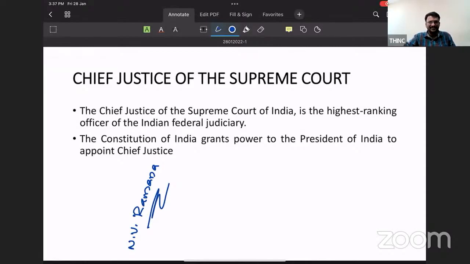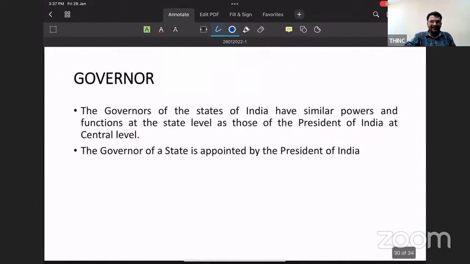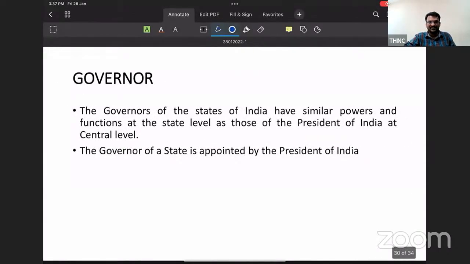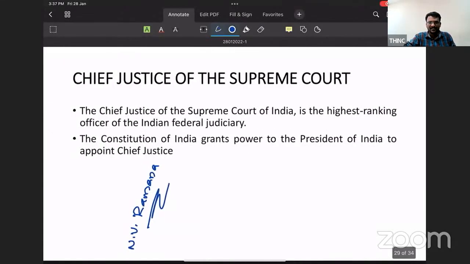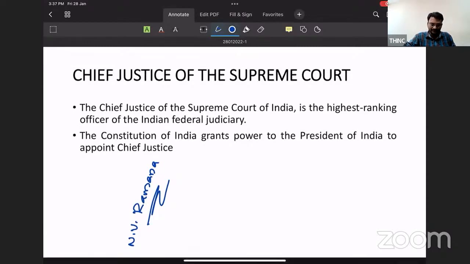Anytime anything can happen. Okay, and the next one is Governor. So like the Supreme Court Chief Justice, the High Court also has a Chief Justice, and the appointment and transfer of these judges, Supreme Court or High Court, are decided by a collegium.